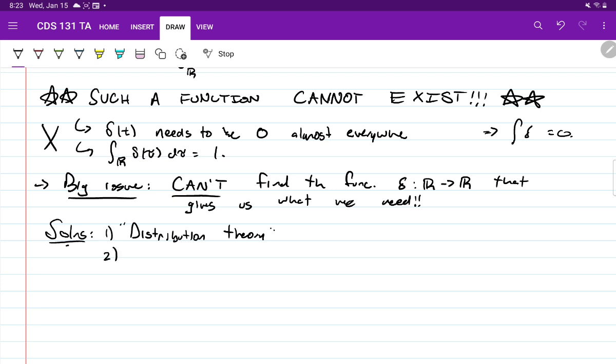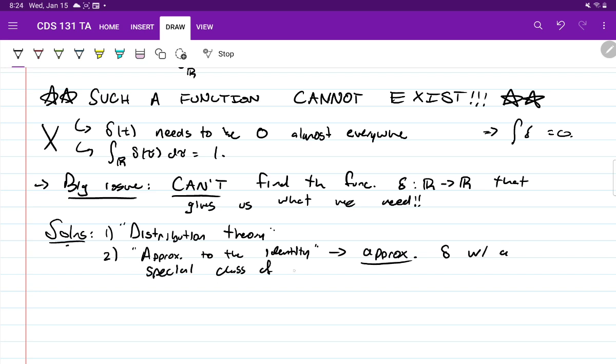And then approach 2 is you can use something called approximations to the identity. The basic idea of this approach is you approximate delta with a special class of well-behaved signals.